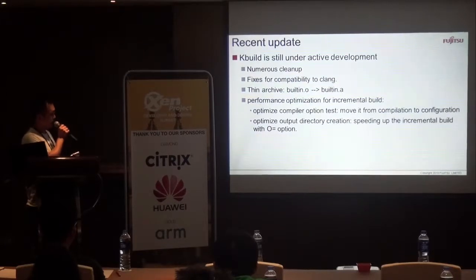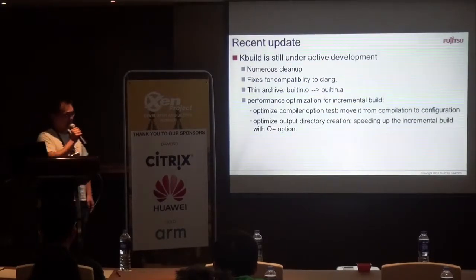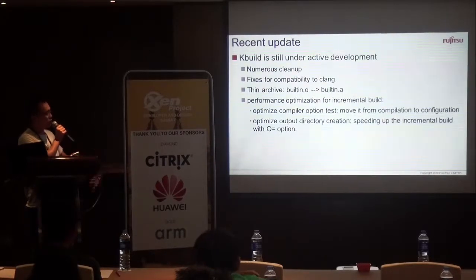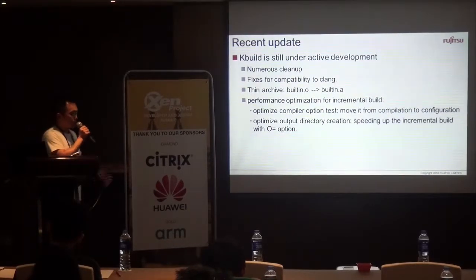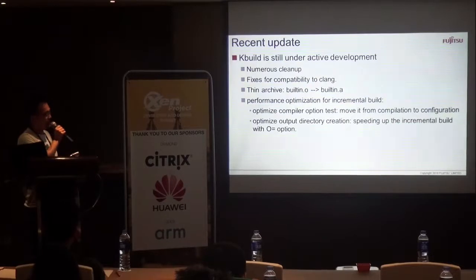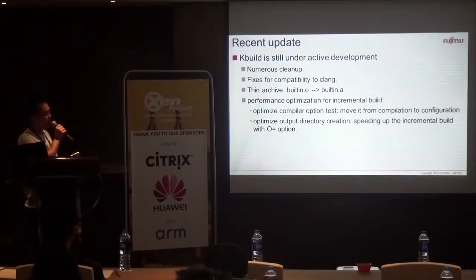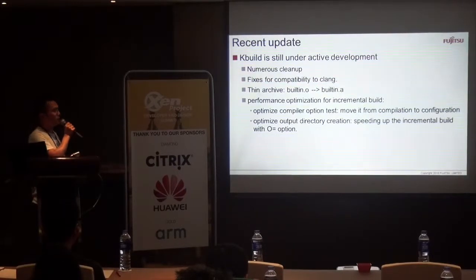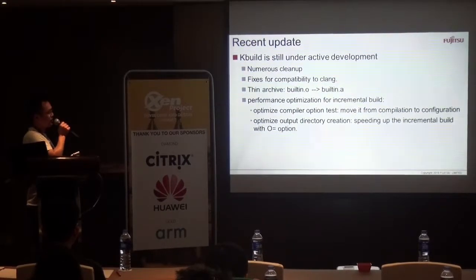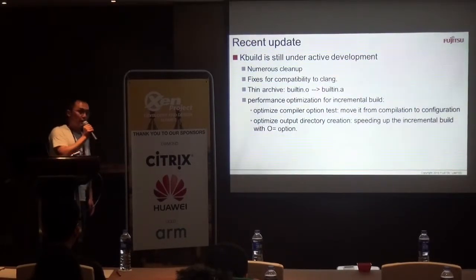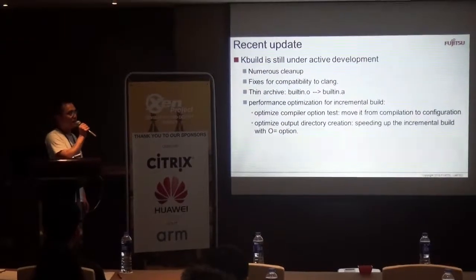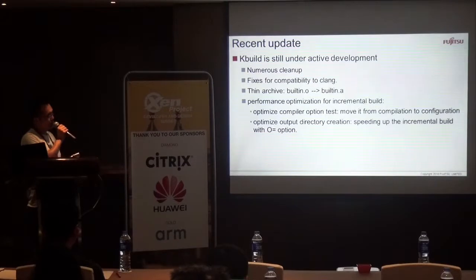And I just mentioned the built-in.o file is now renamed to built-in.a, which means the archive. And the most important one, I think, is the performance optimization. For example, there is a compiler flags test during the build, but now it moves the.